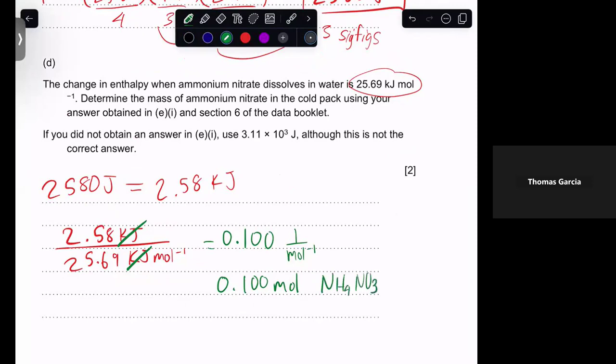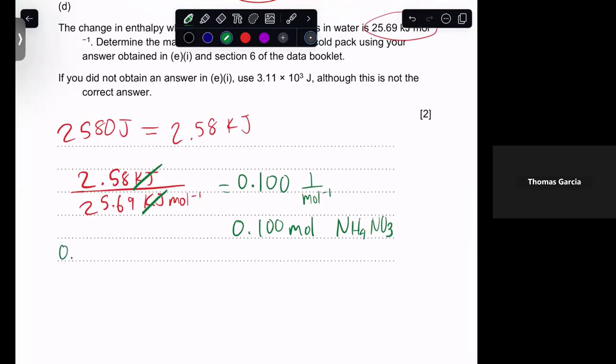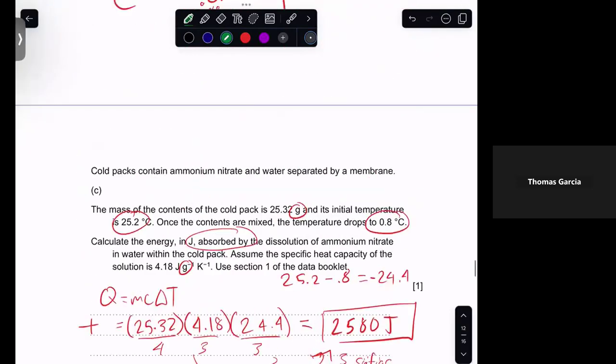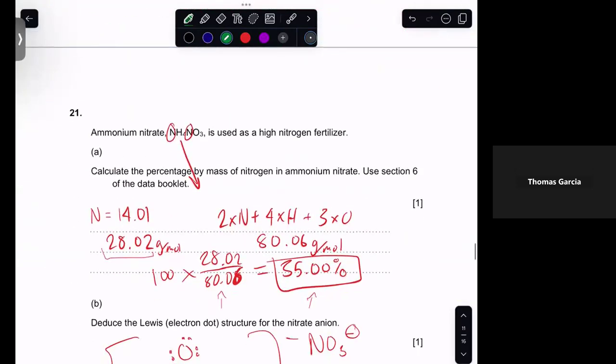Because now I can take ammonium nitrate, 0.100 mole, and I can use the molar mass of ammonium nitrate that I figured out earlier. 1 mole is 80.06. You'll remember that we found that before up here.